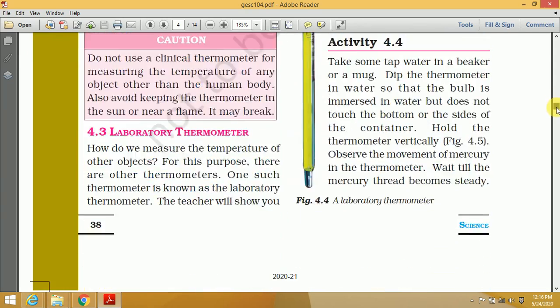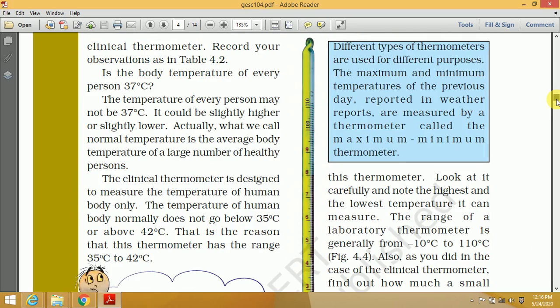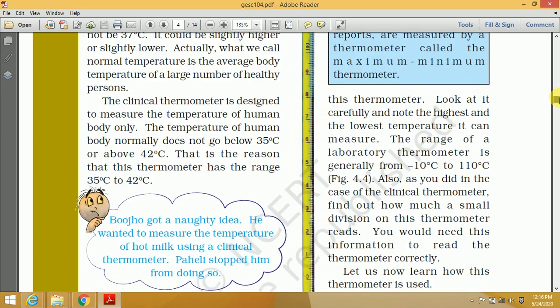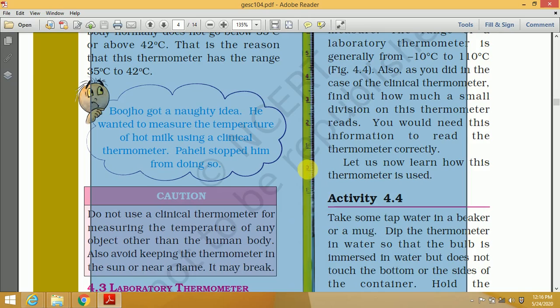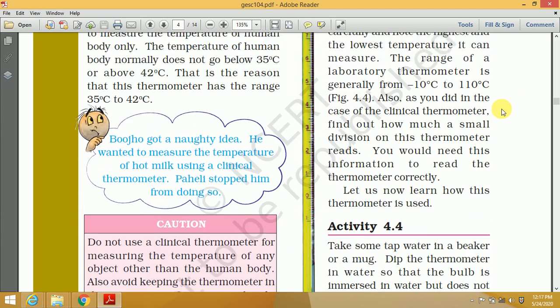You can see here the maximum temperature on the laboratory thermometer is 110 degrees Celsius, and let us see the lowest. Here it is 0, and below 0 you have 10, which means the temperature range on the laboratory thermometer is from minus 10 degrees centigrade to 110 degrees centigrade.